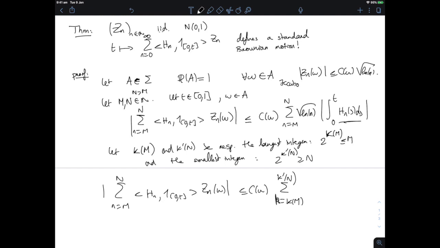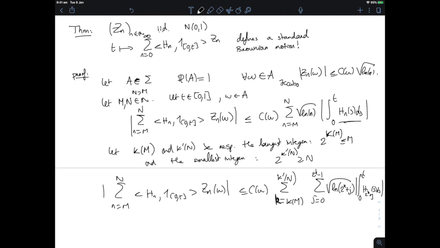The sum over k between k(m) and k'(n) of the sum from j equals 0 to 2^k minus 1 of square root of log of 2^k plus j times the integral from 0 to t of H_{2^k+j} of s ds. Right?